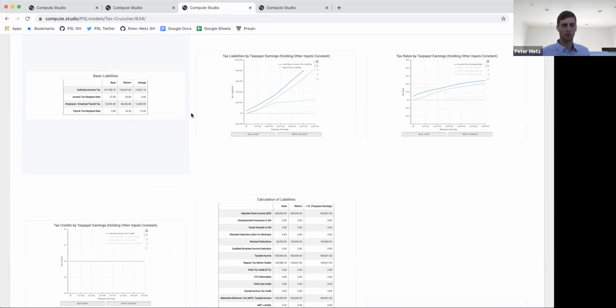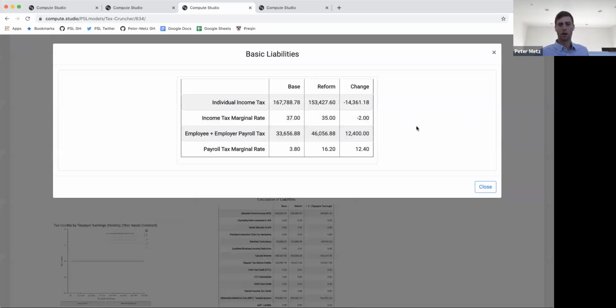So let's start with the basic table here. This is the bottom line of what's going to happen to your taxpayer. As we mentioned before, the two provisions were good for high earners, and one would cost them money, and we see how things balance each other out here. For individual income taxes, eliminating the SALT cap would result in a tax break of about $14,000.